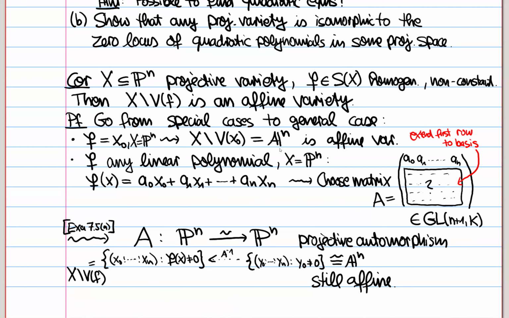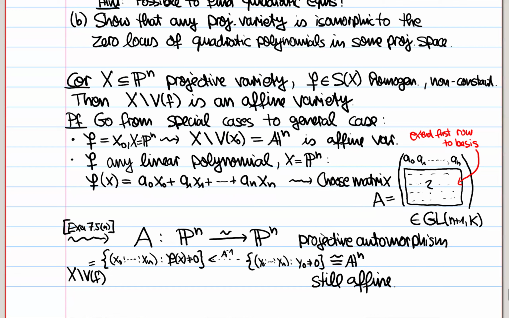And then the second one is this check that we promised: if f is any linear polynomial on Pn, for example something like this here, then we want to prove the statement. For this we choose a matrix A. The first row is just the set of coefficients of f.